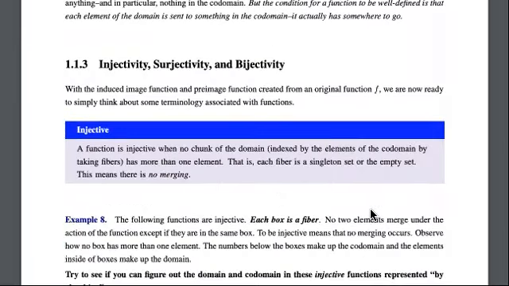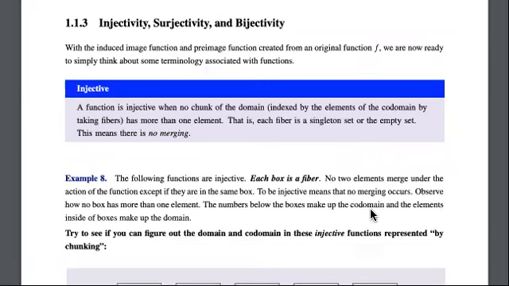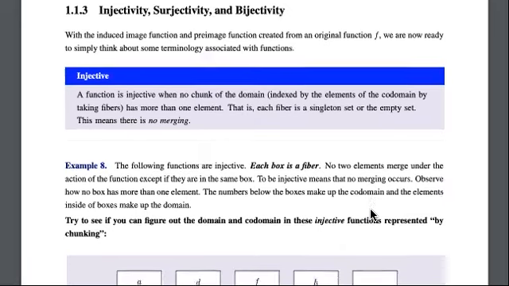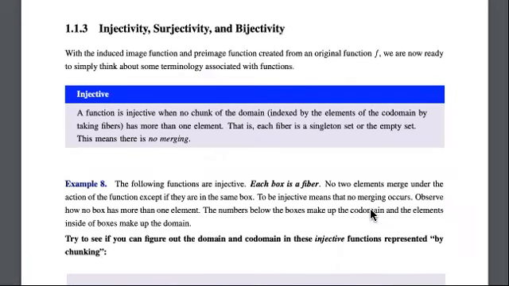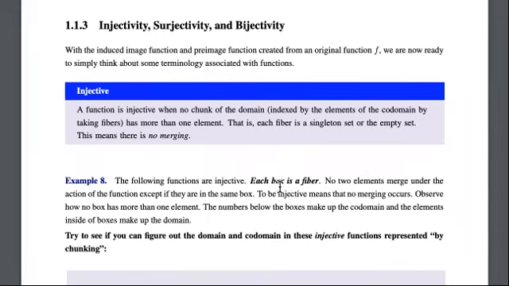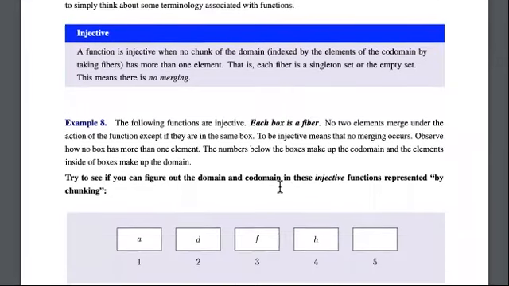Okay, so let's look at some terms: injectivity, surjectivity, and bijectivity. A function can be described as being an injective function, a surjective function, or a bijective function, or none of these. These are adjectives which can be used to describe a function, and it's very nice to see these definitions with a fiber box diagram.